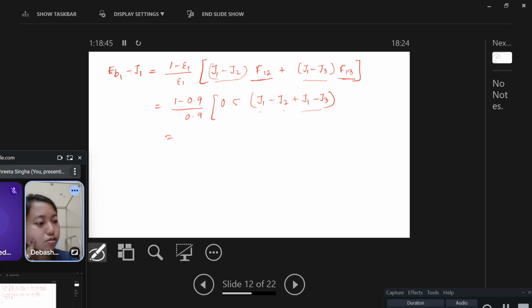So this becomes 1 by 0.9 divided by 0.5, into (2J1 minus J2 minus J3). Right, here also EB1 minus J1.